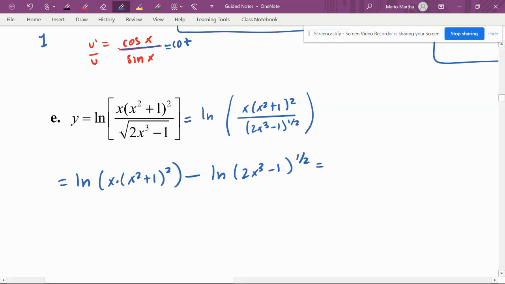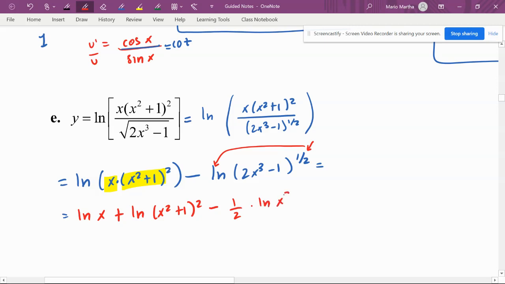I have a product right here, so I can split this and that. And then this is going to be the natural log of x plus the natural log of x squared plus 1 squared minus, now this exponent right here, you can move it to the front. So it's going to be 1/2 times the natural log of 2x cubed minus 1. Let me make sure I fix this.